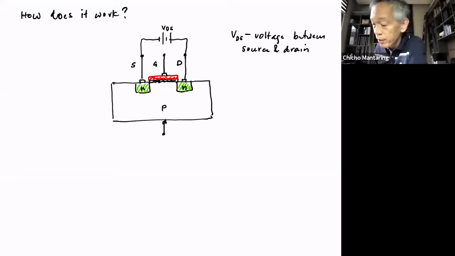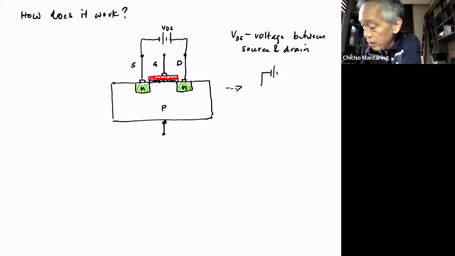So what is that? That looks like two diodes, right? You have a PN junction here, and you also have a PN junction there. So it looks like this: I have VDS, and then I have two diodes.